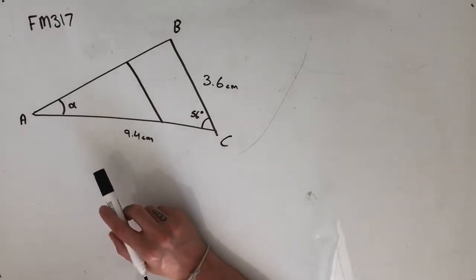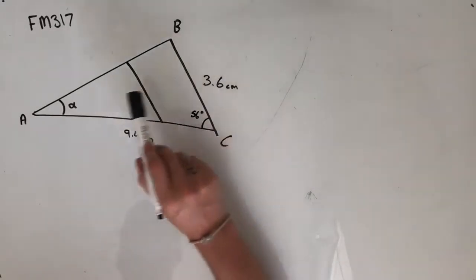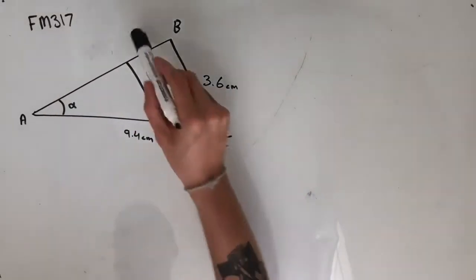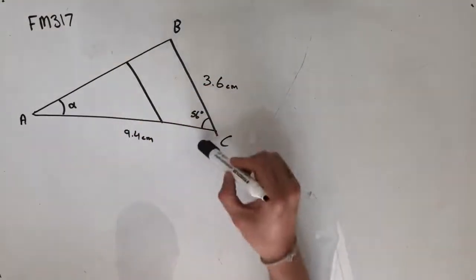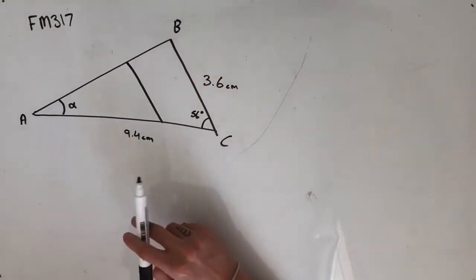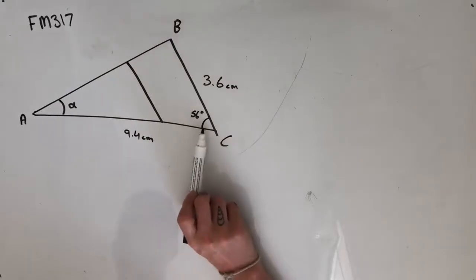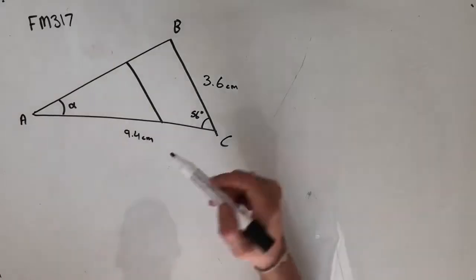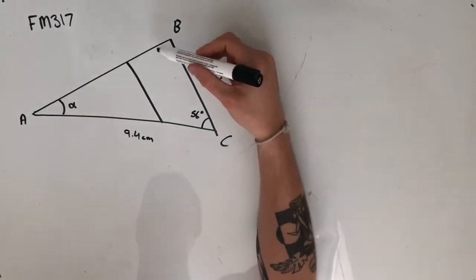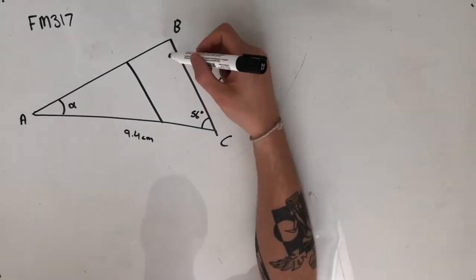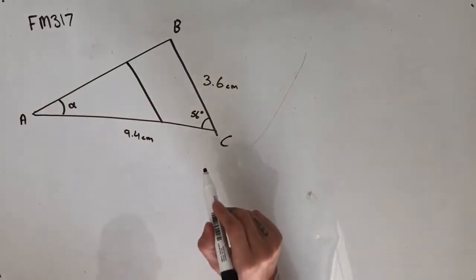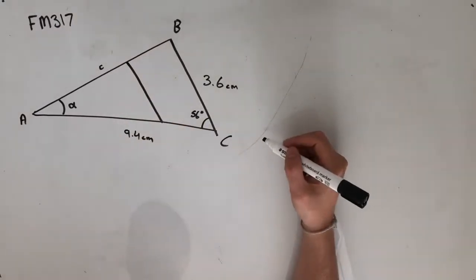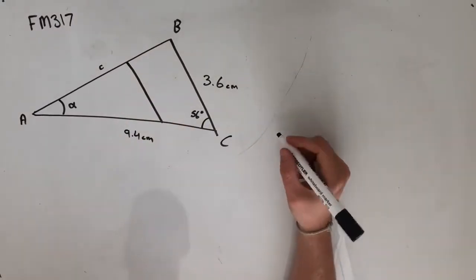You'll also notice that with the sine rule, we don't have a way of directly relating angle A inside A to angle C inside C or angle B inside B. So we're either going to need to find the length of side C, or we're going to need to find the angle of B. Now, it's pretty hard to find the angle of B from here. However, we can pretty easily find this side length C using our cosine rule.